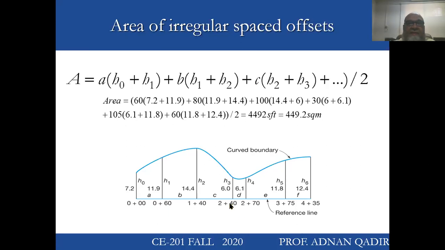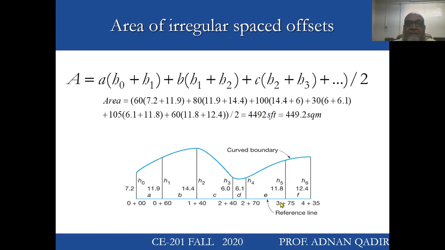Then there is a distance 240 minus 140, which becomes 100 feet, and the offsets 14.4 and 6.0. Then 270 minus 240, 30 feet, and 6 and 6.1 will be added.